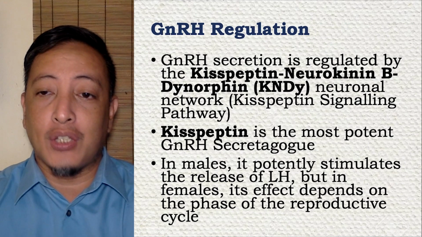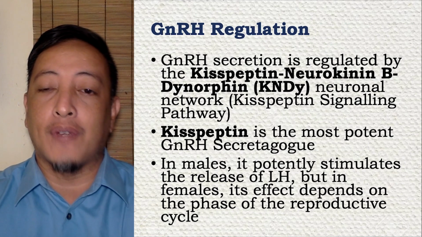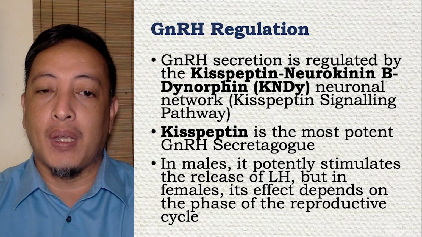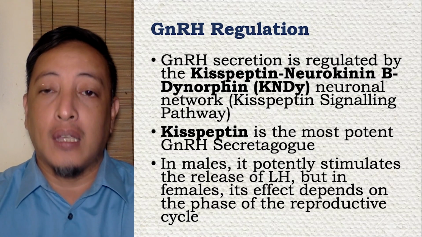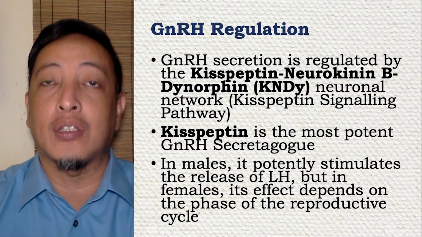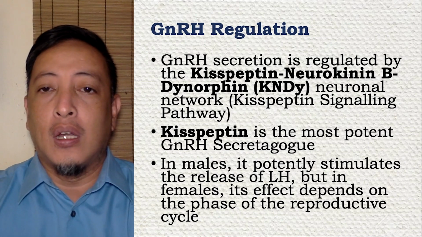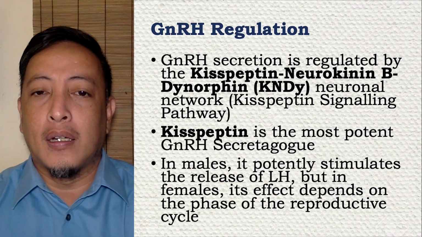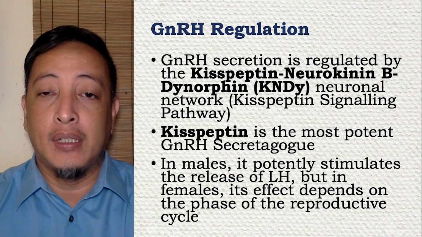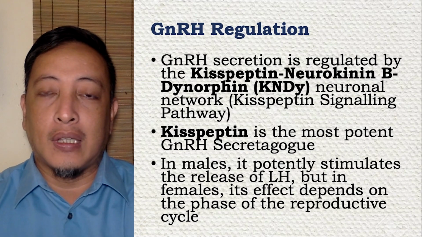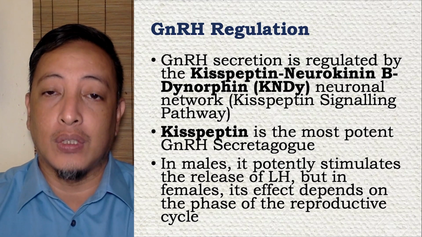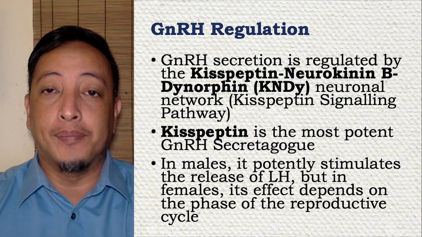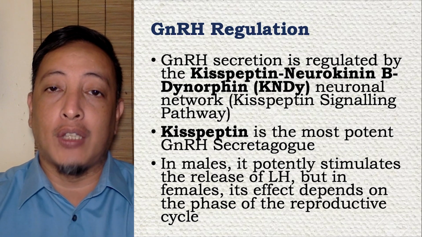In males, it potentially stimulates the release of LH, but in females, its effect depends on the phase of the reproductive cycle. So you have to remember this kisspeptin. This is a relatively new hormone, more or less 5 years, or less than 10 years. So this is the most potent regulator of GnRH.